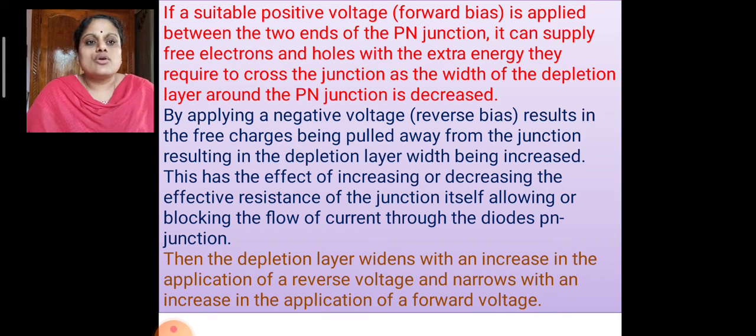This has the effect of increasing or decreasing the effective resistance of the junction itself, allowing or blocking the flow of current through the diode's PN junction. Then, the depletion layer widens with an increase in the application of a reverse voltage and narrows with an increase in the application of forward voltage.